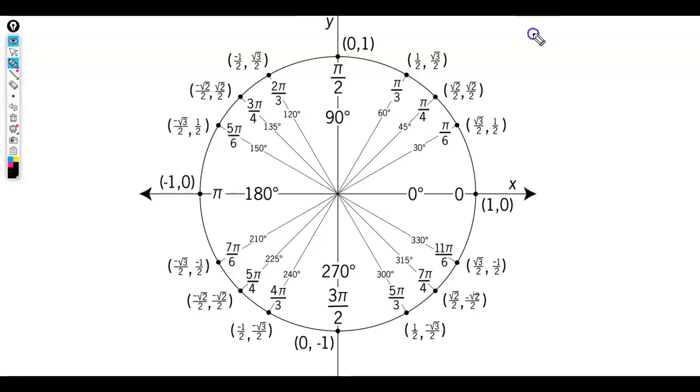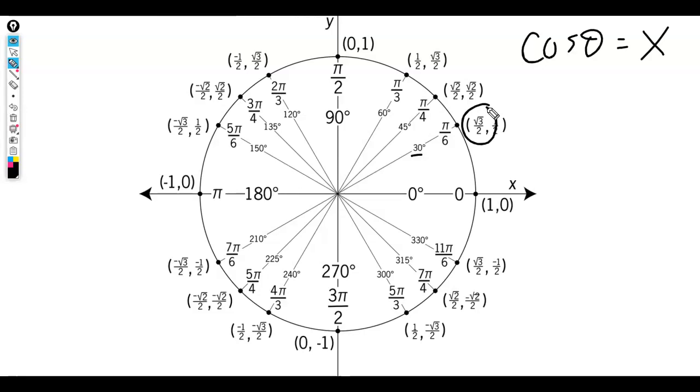First of all, I hope you guys remember that cosine of theta is x. Okay, so for instance, cosine of 30 degrees is square root of 3 over 2. But I want you guys to look around your unit circle, where else is there an x value that has a square root of 3 over 2?